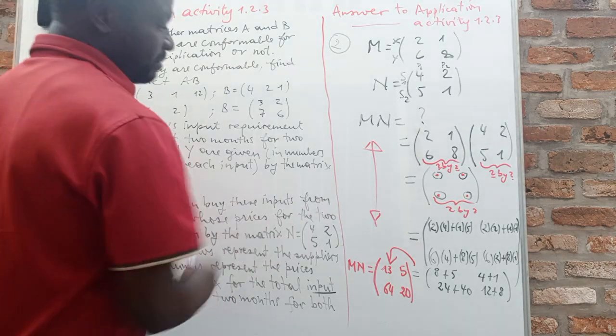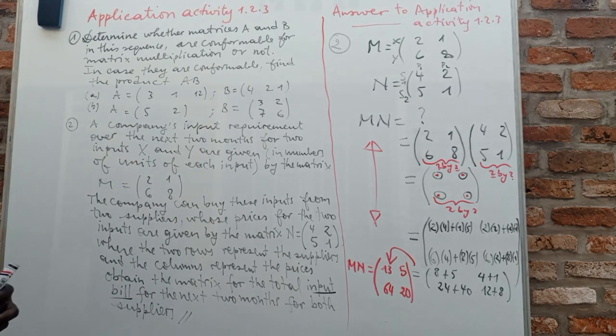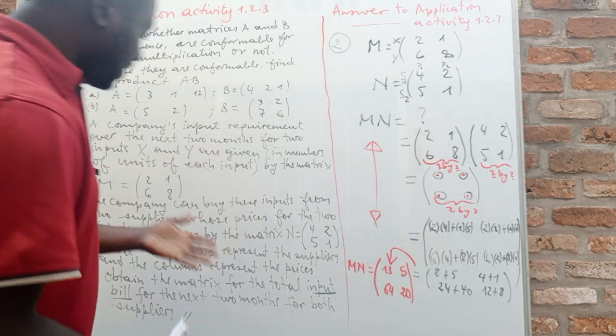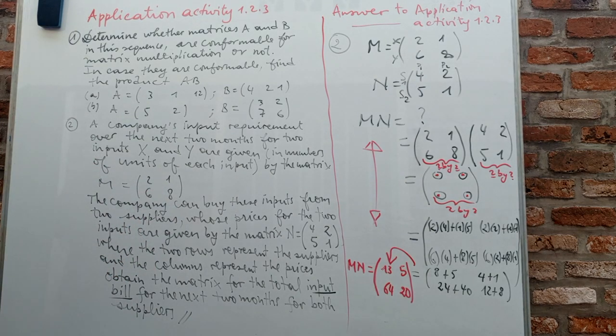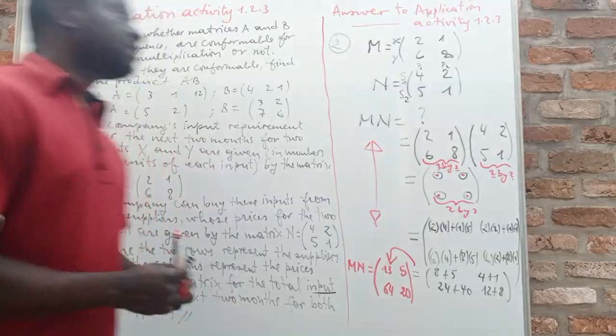Now other information can be added, with further reading or further complement of this problem as it is structured. Okay, now we have come to the end of this video.